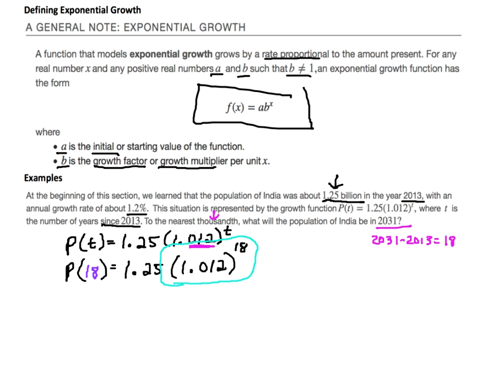I haven't turned my video on in a long time. Hi. For those of you watching this on the Blackboard Collaborate player, you should be able to see this. If you're watching this in MP4, it will not show my window, but there's my 1.012 raised to the 18th power. And it's that long, nasty number, 1.239507689. I'm not going to erase that or round it off.